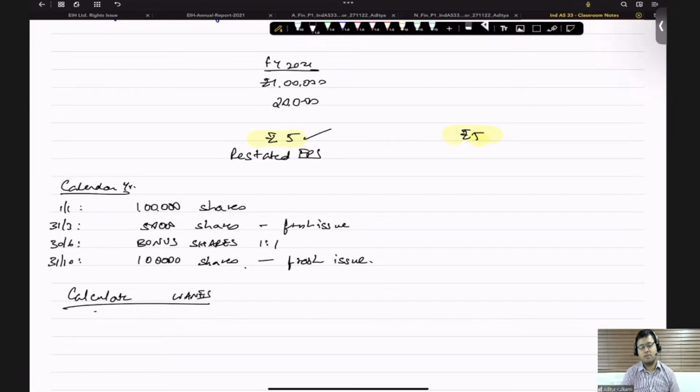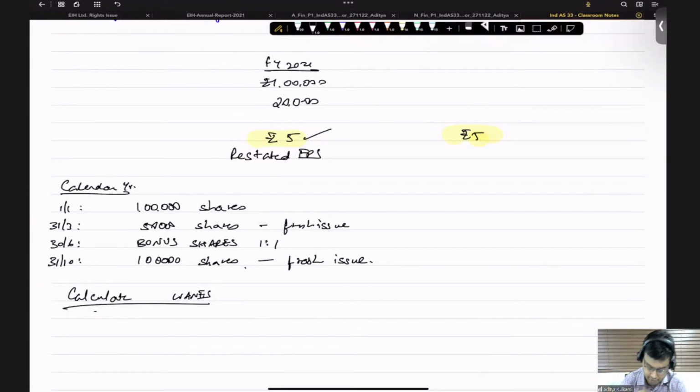Calculate the bonus, this WANS, weighted average number of equity shares. It is your calendar year. Okay, Srishti Goyal gave the answer.